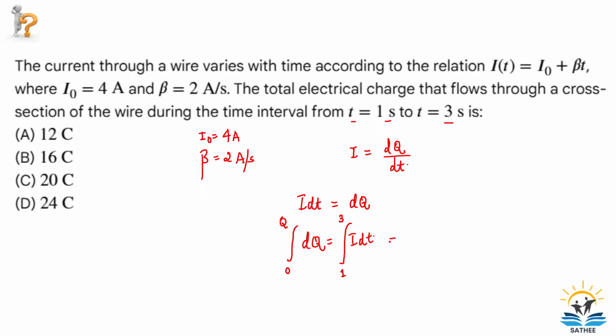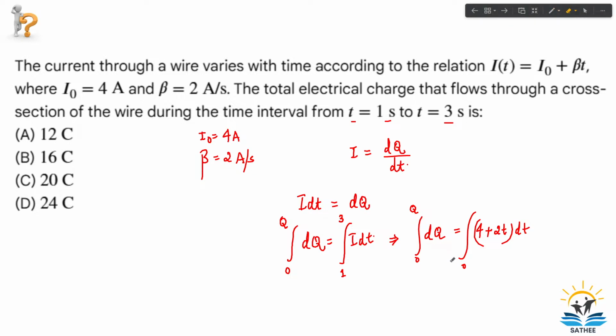So solve it and find. Integral of dq from 0 to q is equal to, what is beta? Beta is 2 ampere per second and I naught is 4. So put the values: integral of (4 plus 2t) dt from 1 to 3. Solve it, tell me the answer.